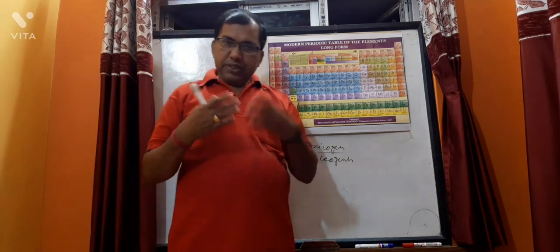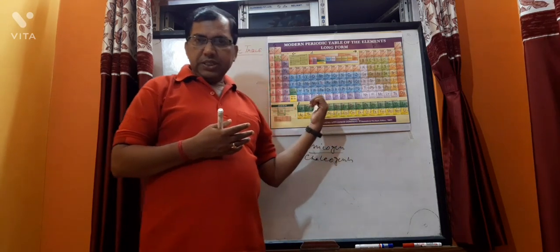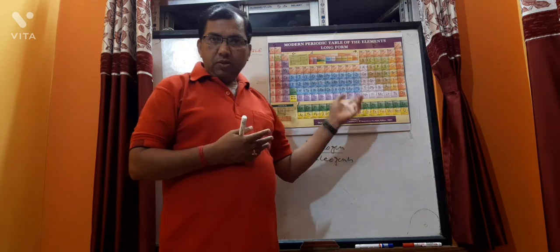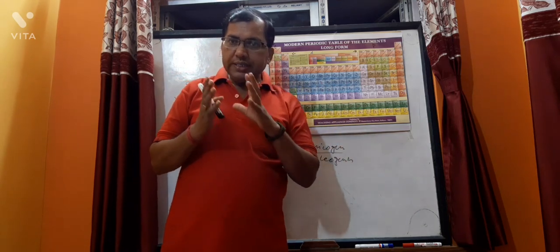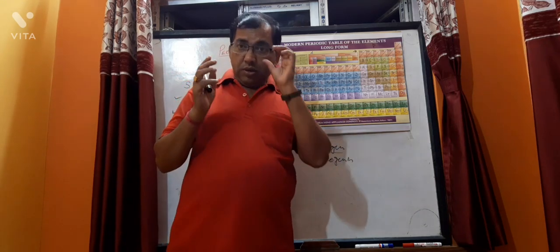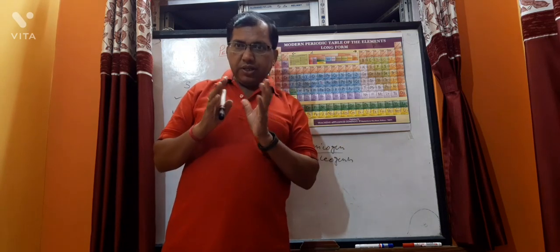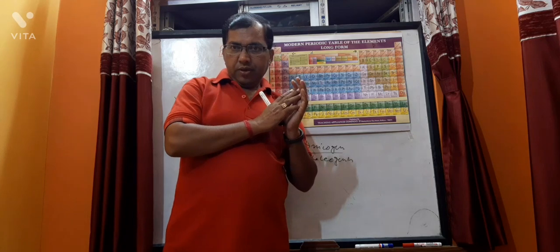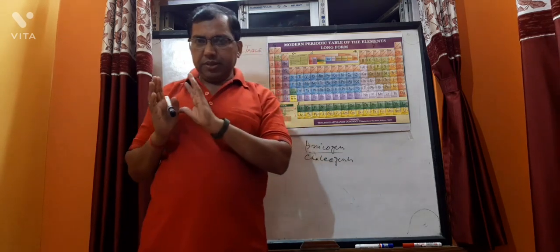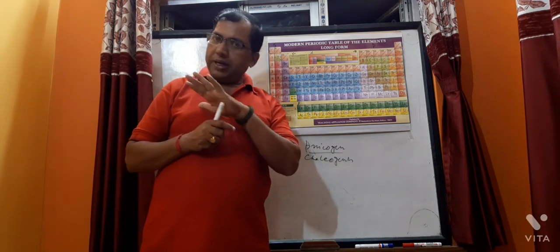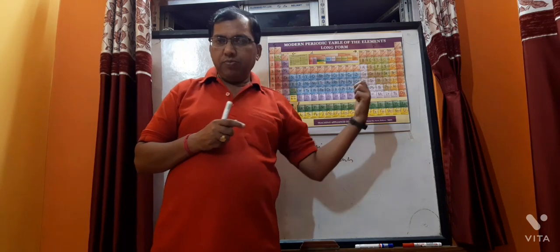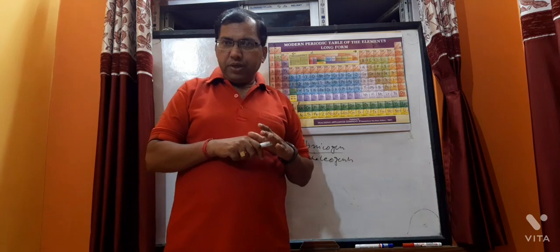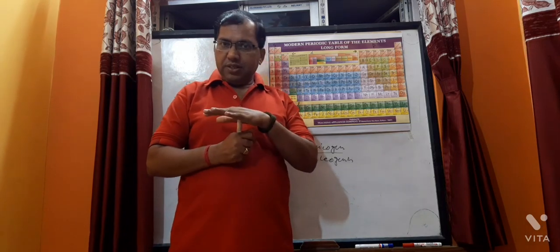Here, besides this, zinc, cadmium, mercury, that is group 12 में जो है zinc, cadmium, mercury, do not actually exhibit the properties of transition elements. These three elements, zinc, cadmium and mercury, in group 12, do not generally exhibit the properties of transition elements.